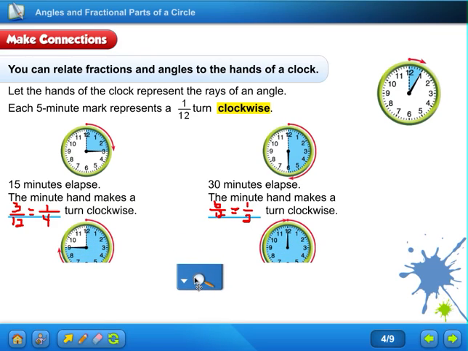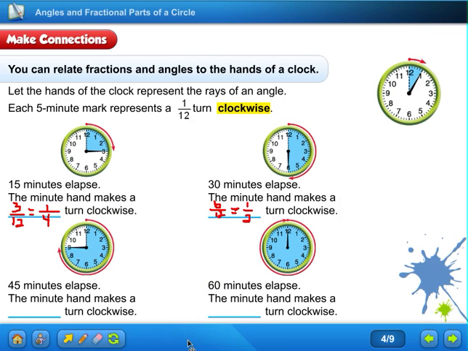All right, let's look at the next one, or the next two, I should say. So this one is 45 minutes elapsed. 45 minutes went by. So how much of a turn is that? In 12ths, how much is it?